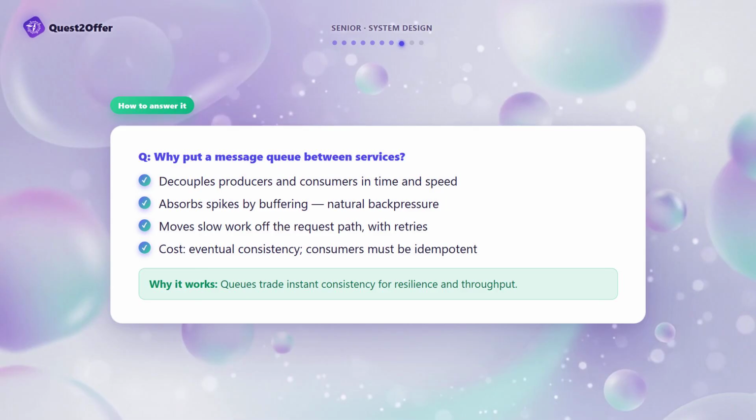It absorbs traffic spikes by buffering while consumers drain at their own pace. Natural back pressure. It moves slow work like sending email or processing video off the request path, with retries on failure. The cost is eventual consistency, and consumers must be idempotent.